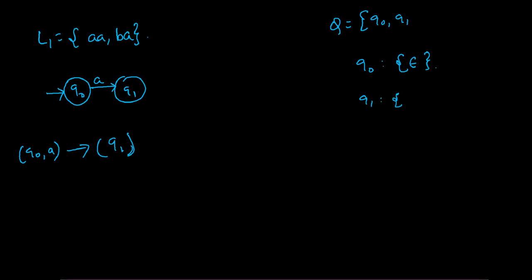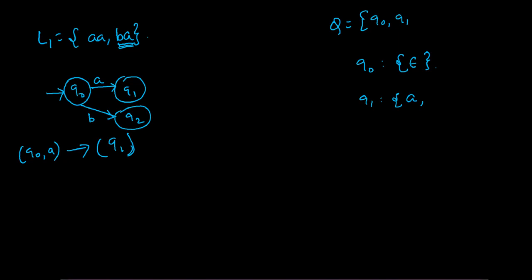If you see A at Q0, you will reach Q1. Now when you are at Q0 and the input symbol is B, then still a string is possible. So on B you go to Q2.